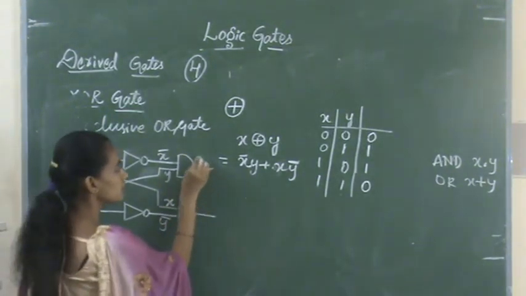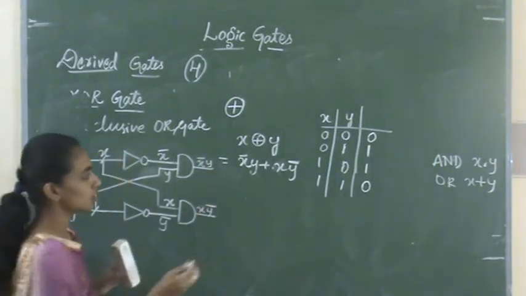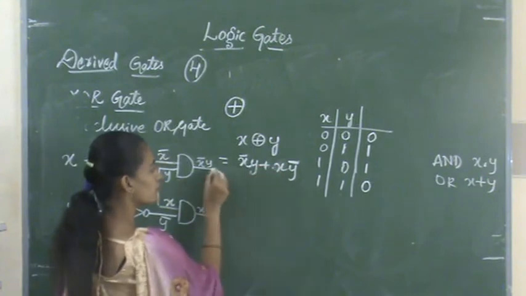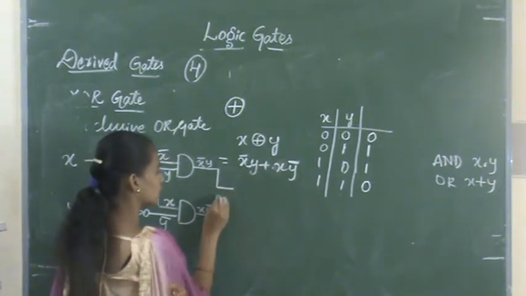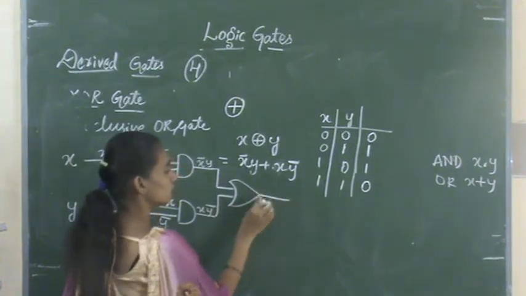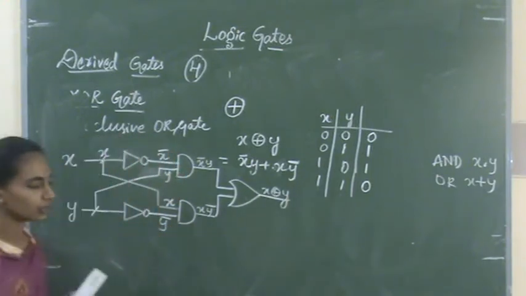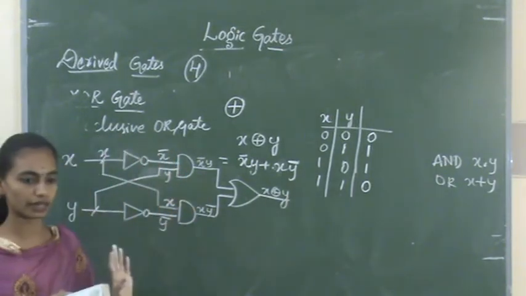So the result is x bar y and this is x y bar. After this, what I have to do is perform the OR operation. So this gives the result of x XOR y. This is how the XOR works.